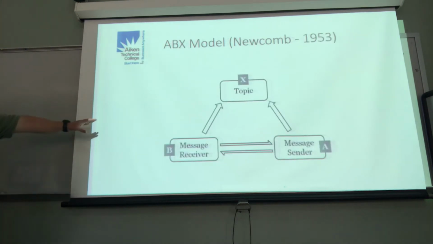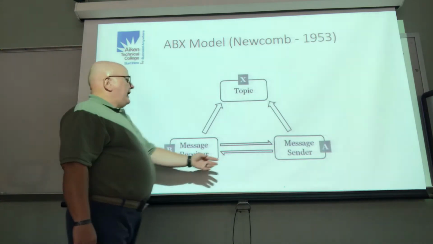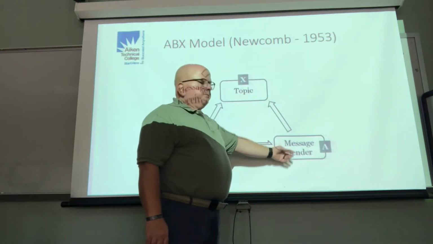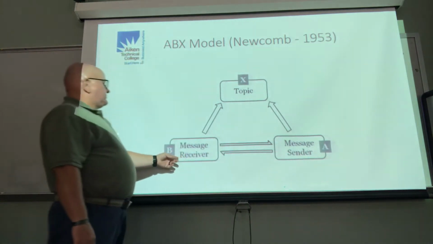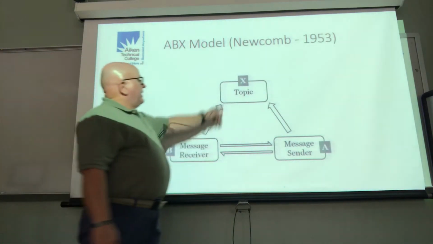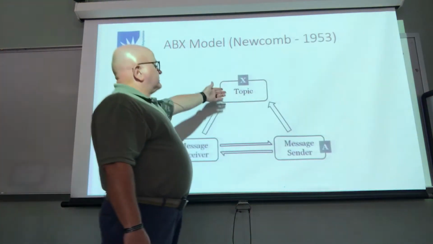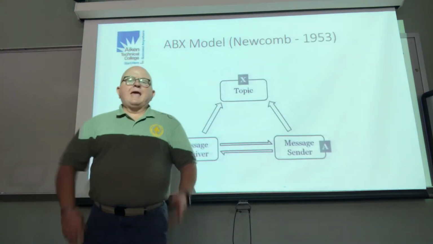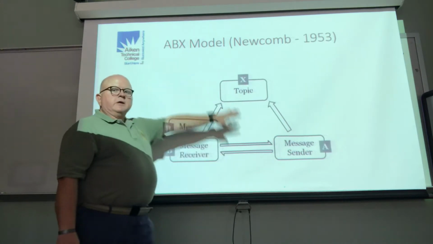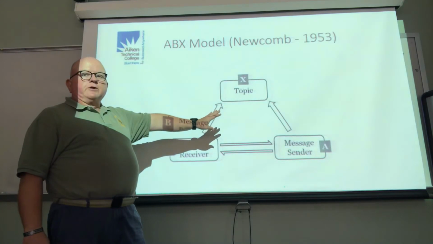So later on, Newcomb came up with the ABX model. The A being the message and the sender, the B being the receiver, and what they decode. And then the X is the topic. Okay? Because the topic can influence all of this. Now, in your textbook, he refers to context over and over again.